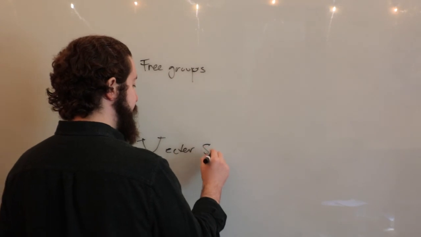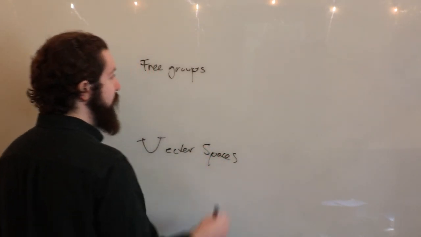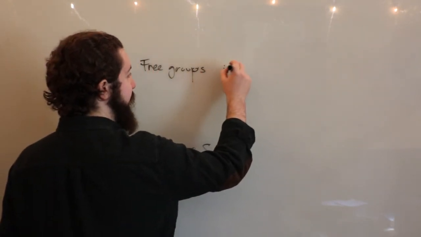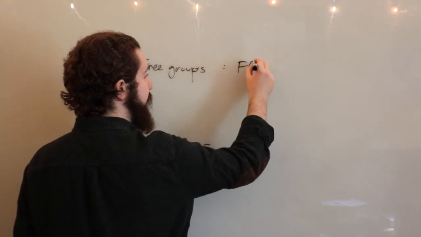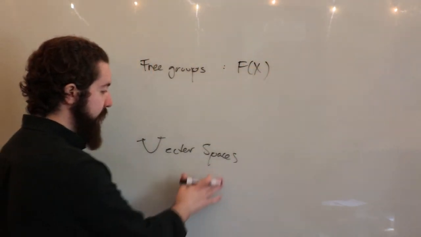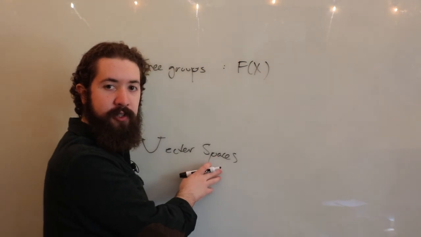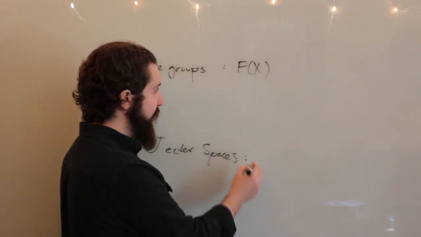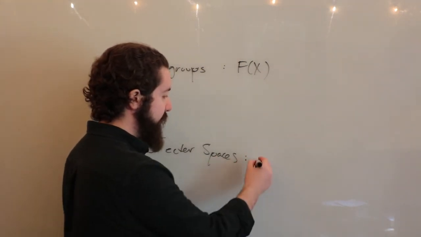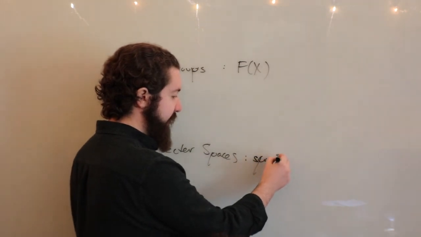You can see how it's kind of similar. Here you have a generating set X, right? So you have F of X, where here you have a similar notion, which is the spanning set, right? You could have the span of a set of vectors.